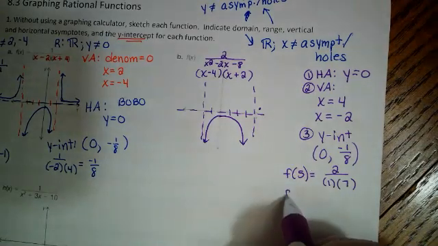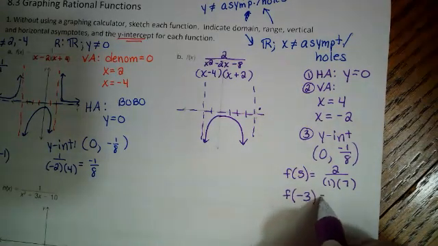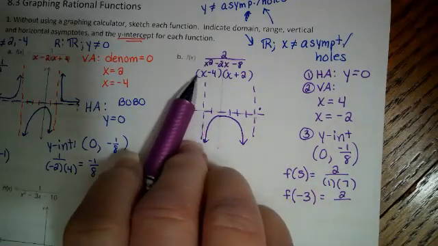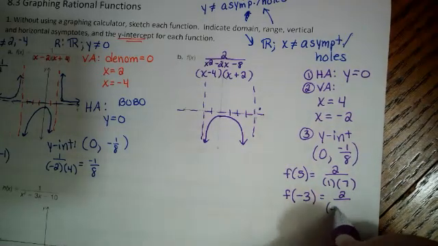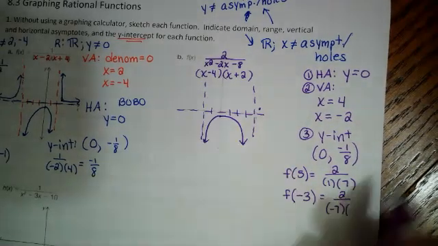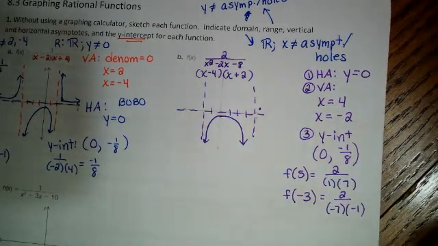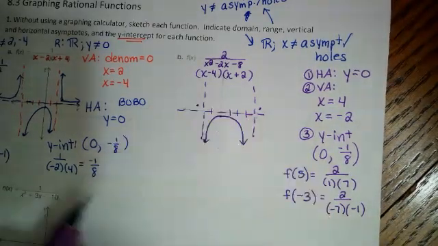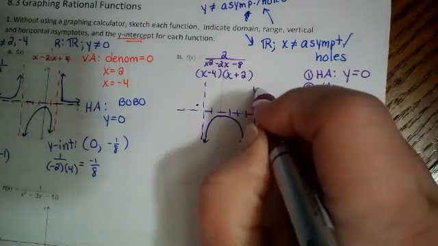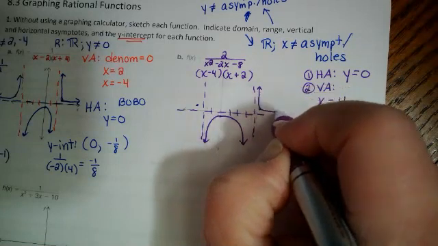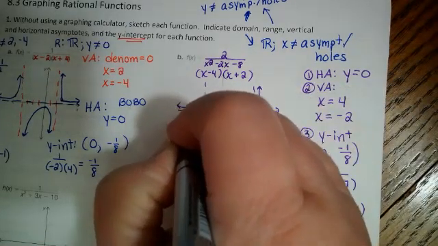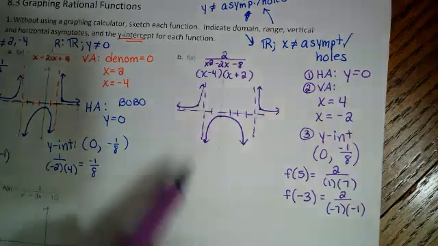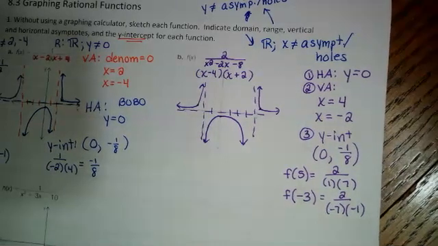And if I did the same thing for f of negative 3, negative 3 minus 4 is negative 7. Negative 3 plus 2 is negative 1. I get positive 2 over 7 again. So the graphs look very similar. So the 2 branches on the sides look just like a rational even function.